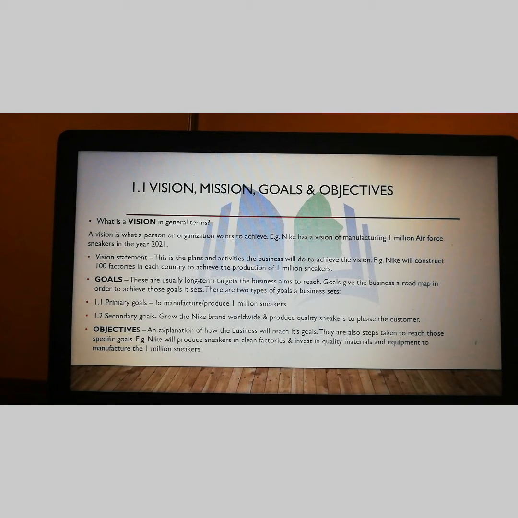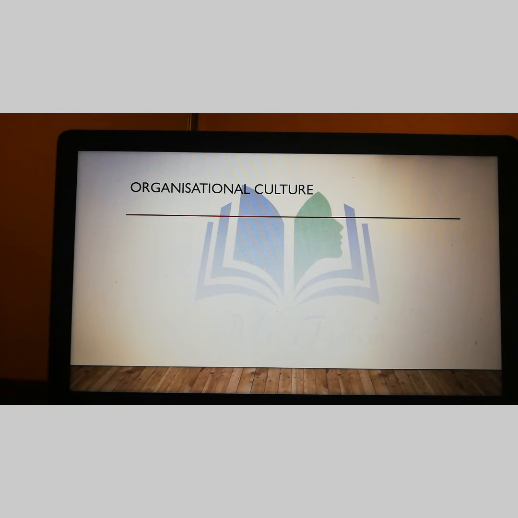These are just my personal examples. So a vision and a vision statement go hand in hand, they go together. And then the goals and the objectives, I'm sure even in life orientation you do cover these topics. So it's more or less the same thing, but in this part they are emphasizing more on the business.